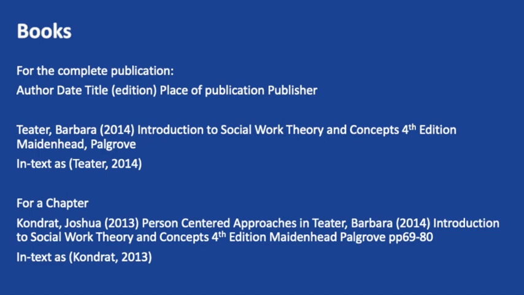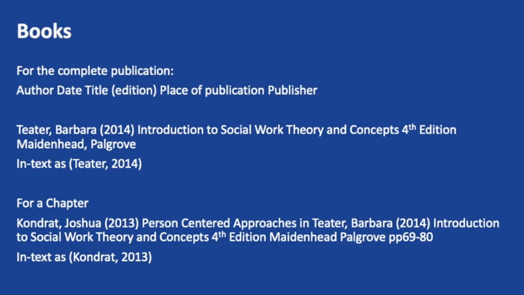Where we sometimes get people having problems is if it's a chapter within a book. So on this occasion, you might have Joshua Conrad, who may have created a chapter, and on that basis you identify what the chapter is.